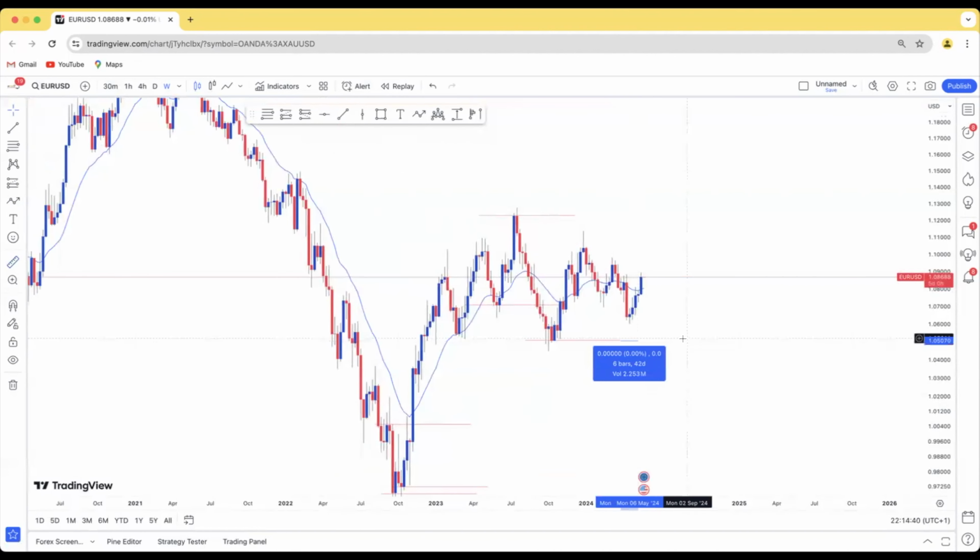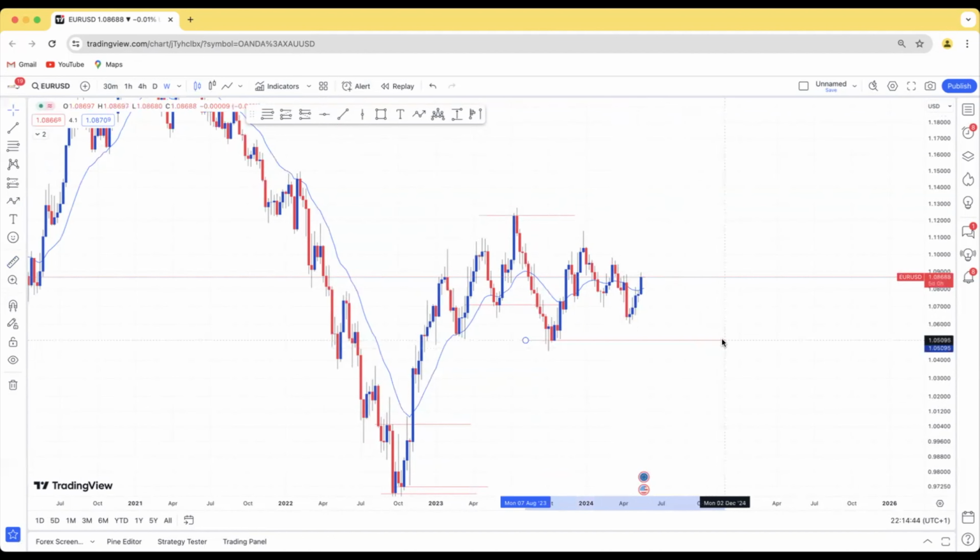Remember, a shift of structure is just an initial change in the blueprint. The market was creating higher highs, higher lows, and all of a sudden it created a lower high. Then we're expecting what? A lower low.